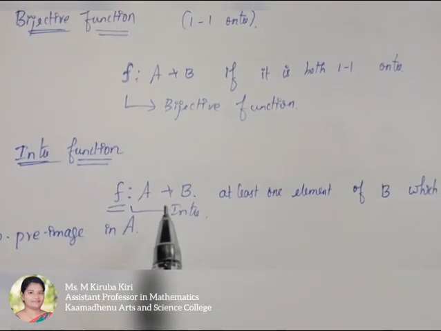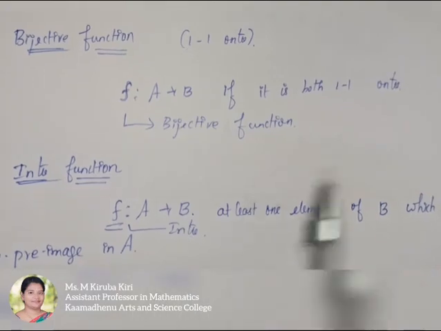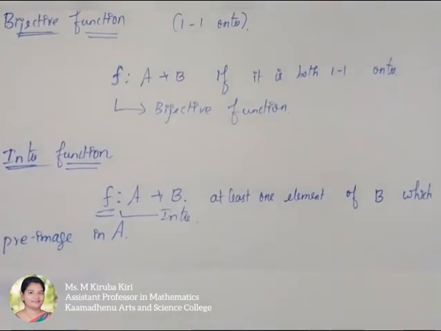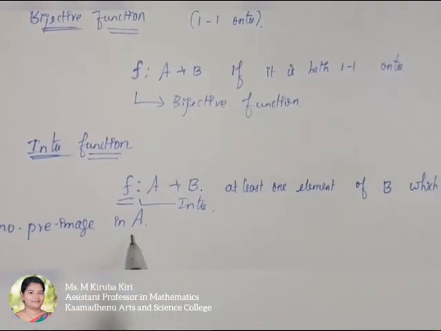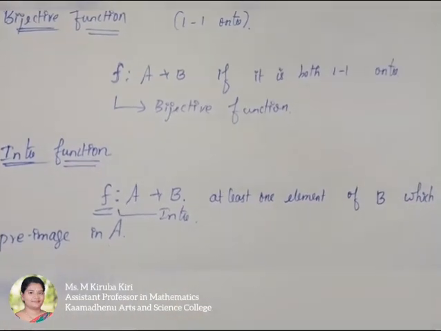Listen, f is mapping from A to B, if at least one element of set B has no preimage in set A, then only this f is called into function.